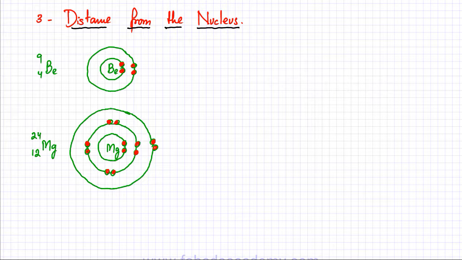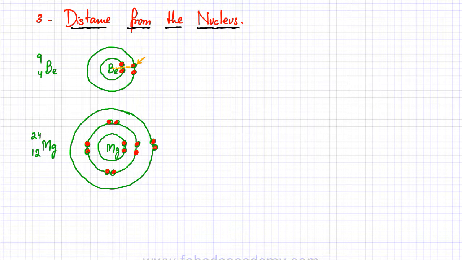The third factor that we're going to discuss is distance from the nucleus, which is going to affect the ionization energy. And it's generally very similar to shielding. If I try to remove this electron, the one represented by this arrow, this electron is very close to the nucleus.